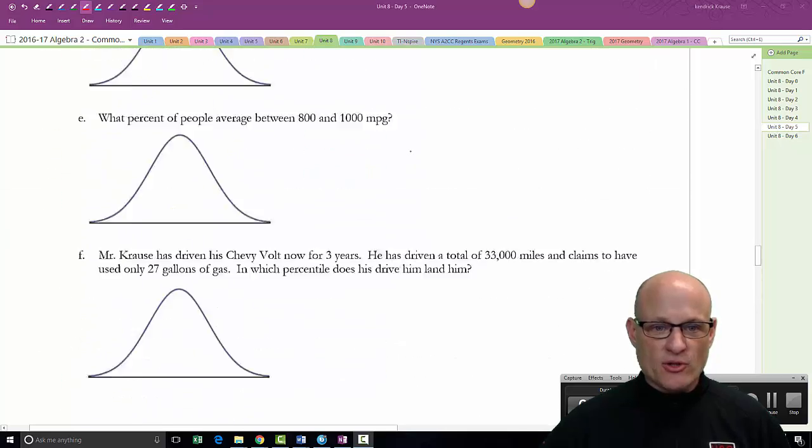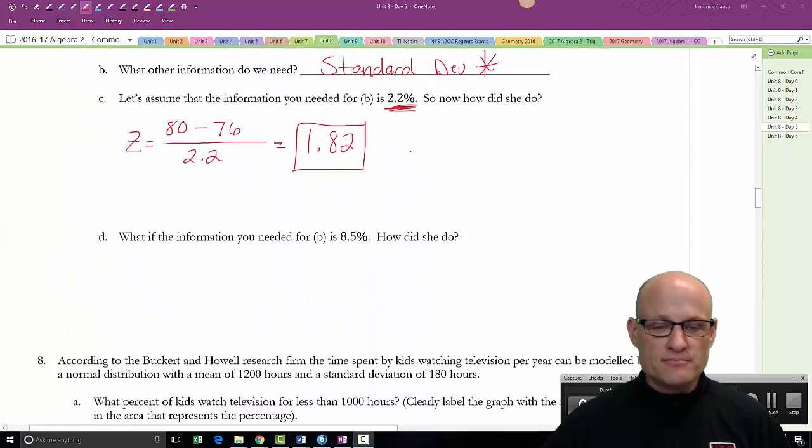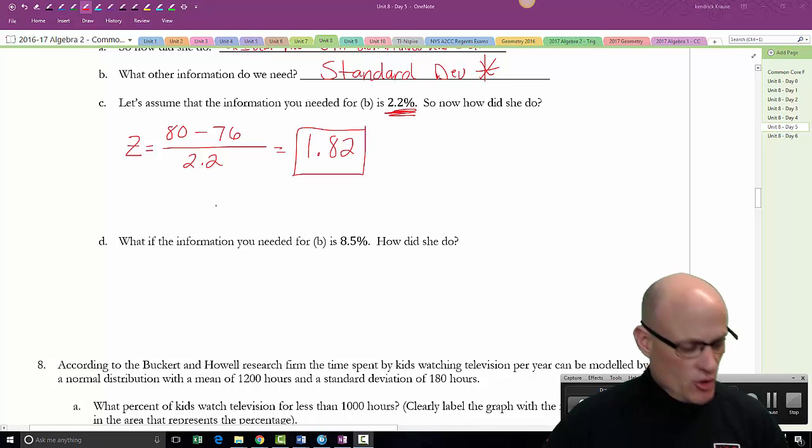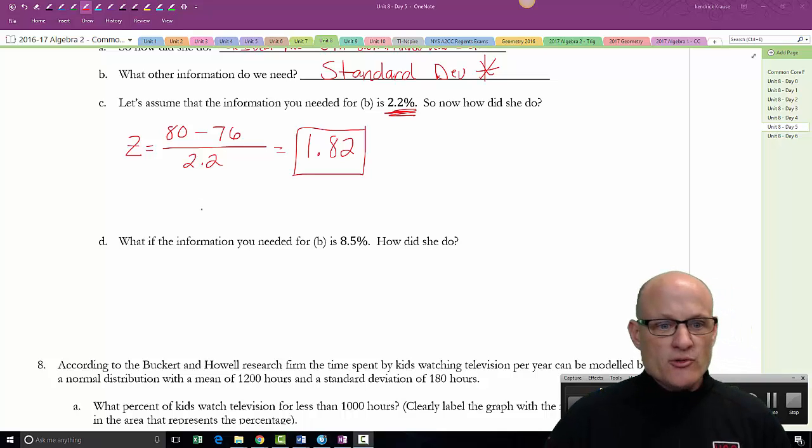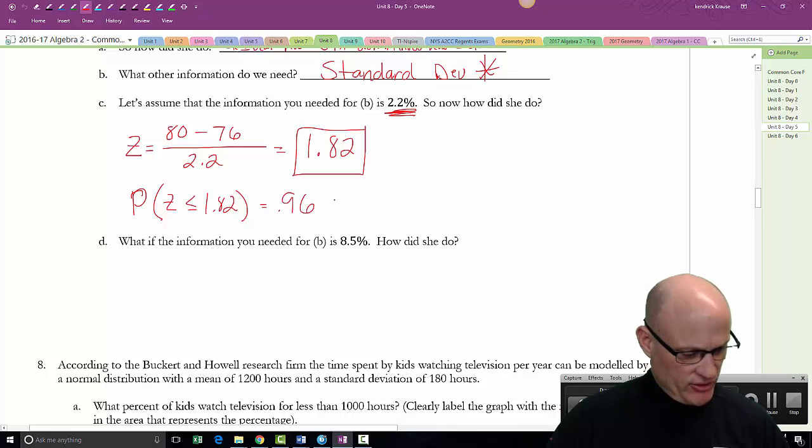If I look that z-score up, we got a 1.82. So the probability that the scores are less than 1.82 is 0.9656.